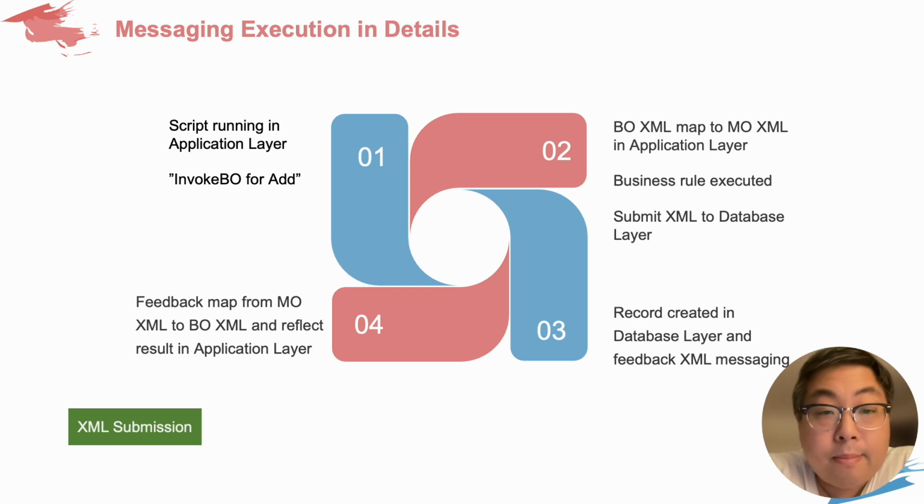By that time, the database receives this call and the record is created, and it feeds the XML back to the application server, and it's actually the other way around now. The maintenance object XML maps back to business object XML and reflects the results.